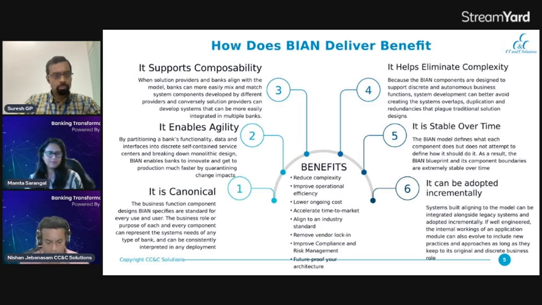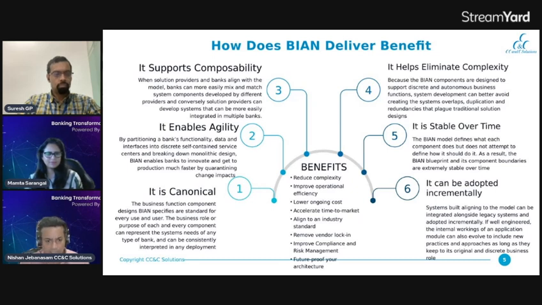There are lots of aspects and characteristics to BIAN, but the six that we think of as probably the most valuable start at number one: it's canonical, which means its representation is common and understood across any context, any geography and any organization. That's really important because, as anyone dialing in from a large enterprise knows, sometimes the first problem is language.